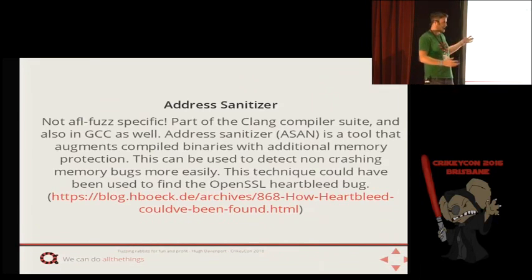But with ASAN enabled, if you overwrite the buffer by a single byte, or a couple of bytes, I think I might actually do it with just one byte, it then crashes at that point because it knows what memory should be allocated and what's in range and what's out of range.